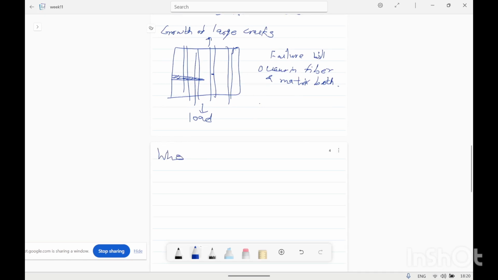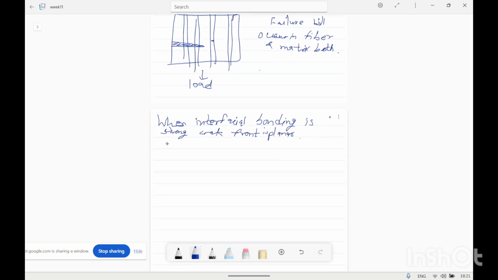So when interfacial bonding between matrix and fiber is strong, the crack front will be planar, and if the bonding is not strong, weak bonding leads to a non-planar crack front. And this also leads to crack blunting.